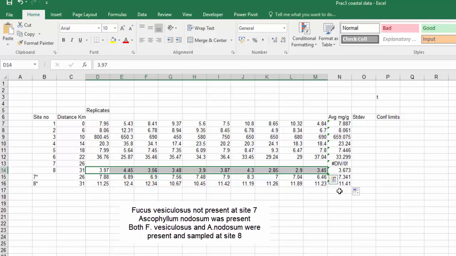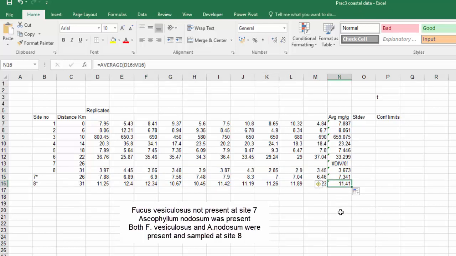So we have the mean for the Ascophyllum nodosum and the mean for the Fucus vesiculosus, and if we divide the mean for the Fucus vesiculosus by the mean for the Ascophyllum nodosum, we get a correction factor by which we can multiply the Ascophyllum nodosum data in order to make it comparable to Fucus vesiculosus.